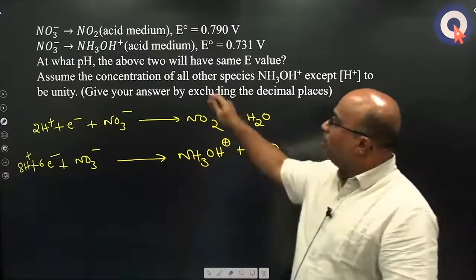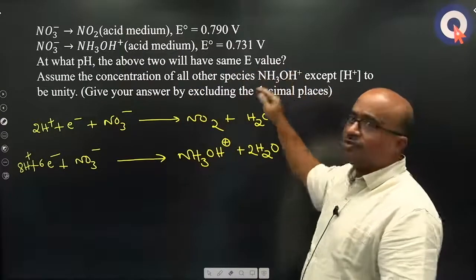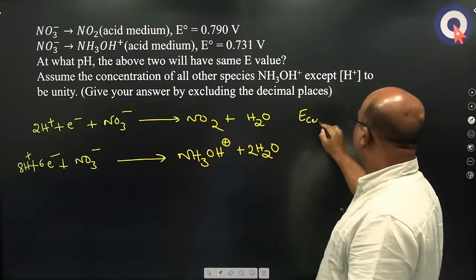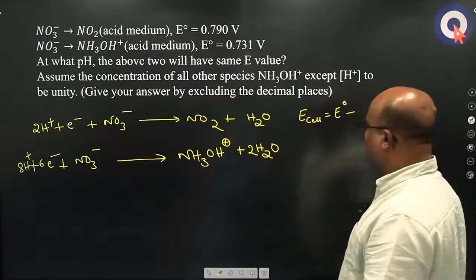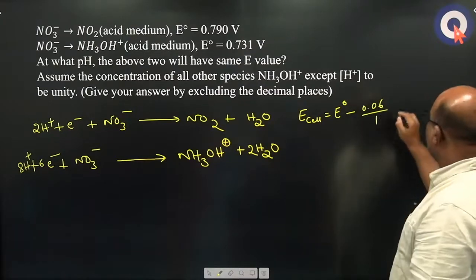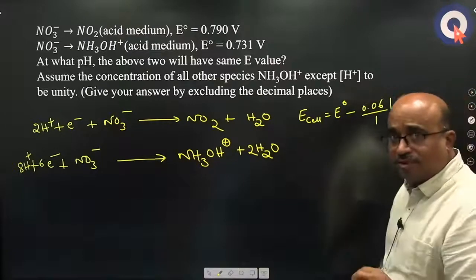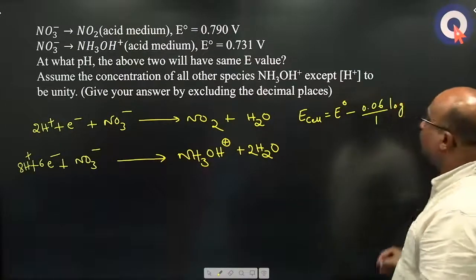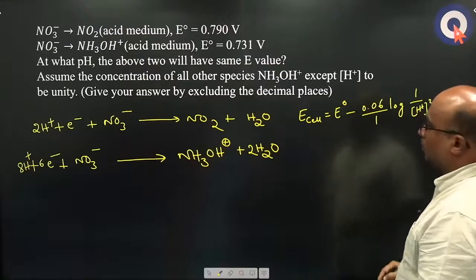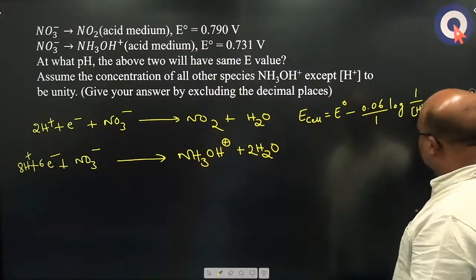he said at what pH both the E values become the same. So what is the E value for this? We write E cell value for this as E naught of this minus 0.06 by number of electrons, there 1, log of everything, whatever you write is unity anyhow. So NO3 minus you need not write. So it is directly 1 by H plus concentration whole square. But if you take this 2 here, it becomes plus because it is minus in the denominator.